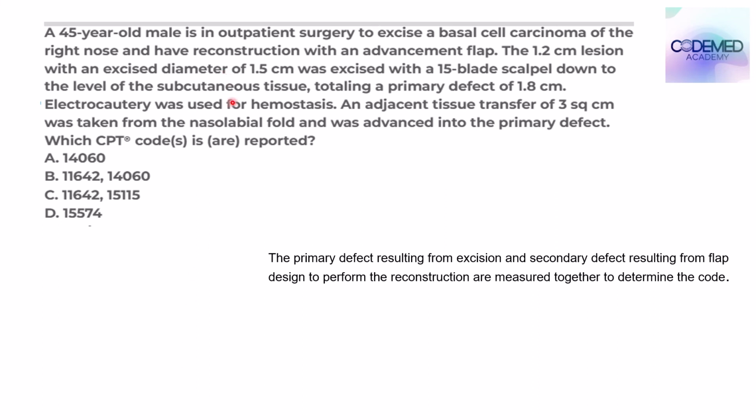Remember here, what they have given is 1.2 centimeter of lesion and 1.5 centimeter of margin. So sometimes you get confused, but luckily, they have given the primary defect area. So we don't have to use the formula excision plus 2 into the margin. We don't have to use that because we already have the answer.